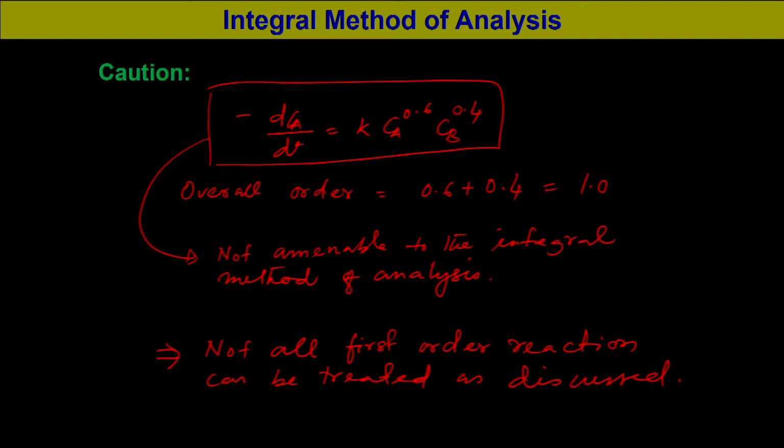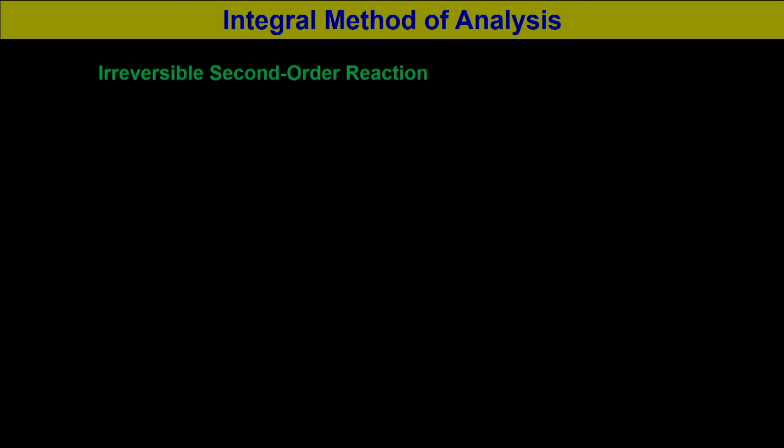Now, let us consider the second order kinetics, irreversible second order reactions. So, if the reaction is second order, let us consider a general reaction which is A plus B forming products.